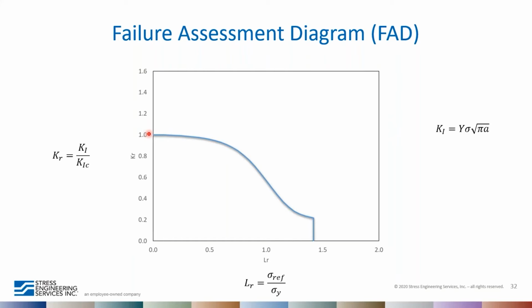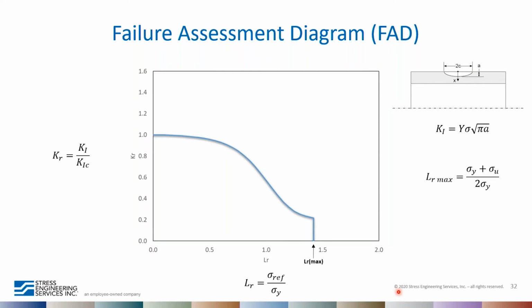On the horizontal axis, we have the LR value, which is a ratio of the reference stress against the yield stress. And in this case, the reference stress is an indication of the plasticity or the loading in the remaining ligament behind the crack, and whether or not that will collapse, will experience a plastic collapse.